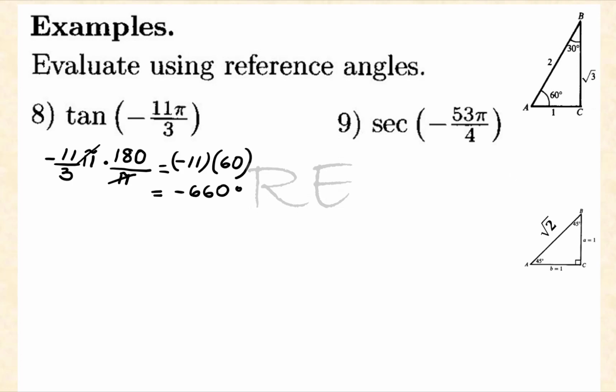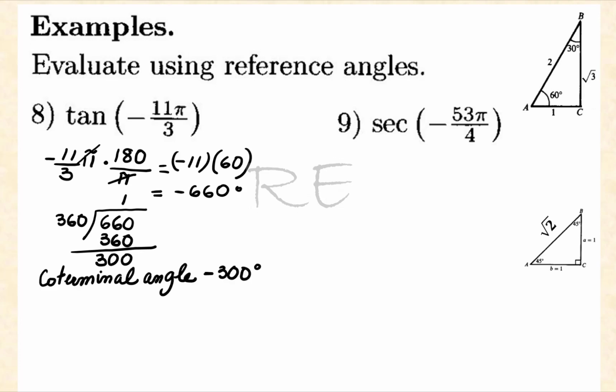Now, we're going to look for the coterminal angle. 660 degrees divided by 360 goes into it once. Minus 360 leaves 300. So negative 300 is coterminal to negative 11 pi over 3.